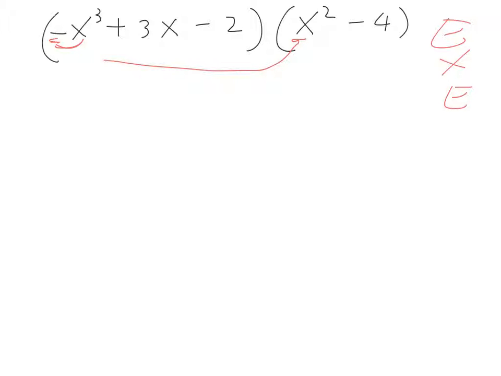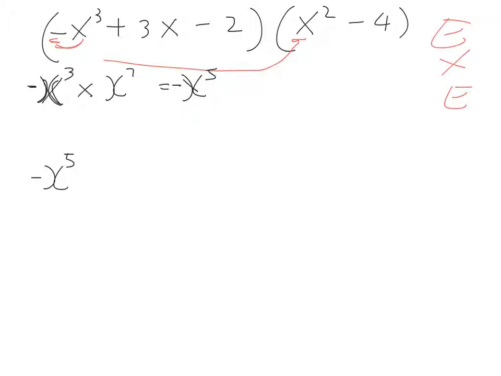We know the rules of the exponent, so x cubed times x squared is x to the power of 5. But as we said, this is a minus x cubed, so this one is negative and the result is negative. So we've got minus x to the power of 5.